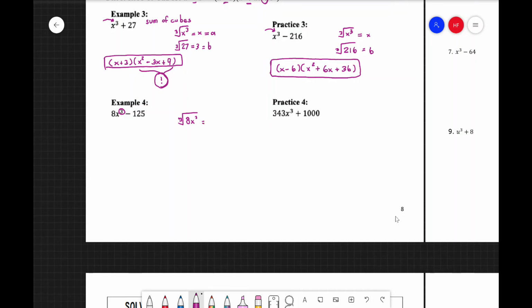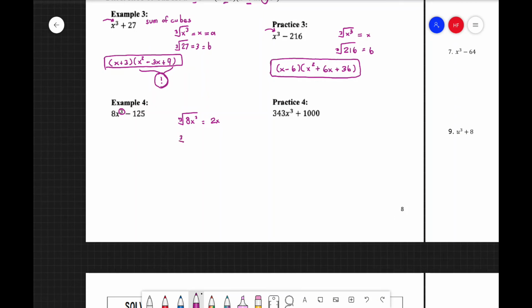The cube root of 8 is 2, and then the cube root of x cubed is x. And when I say cube root, I mean what times itself 3 times gives me that number. So for 8, 2 times 2 times 2 gives me 8. 2 times 2 is 4, times another 2 is 8.